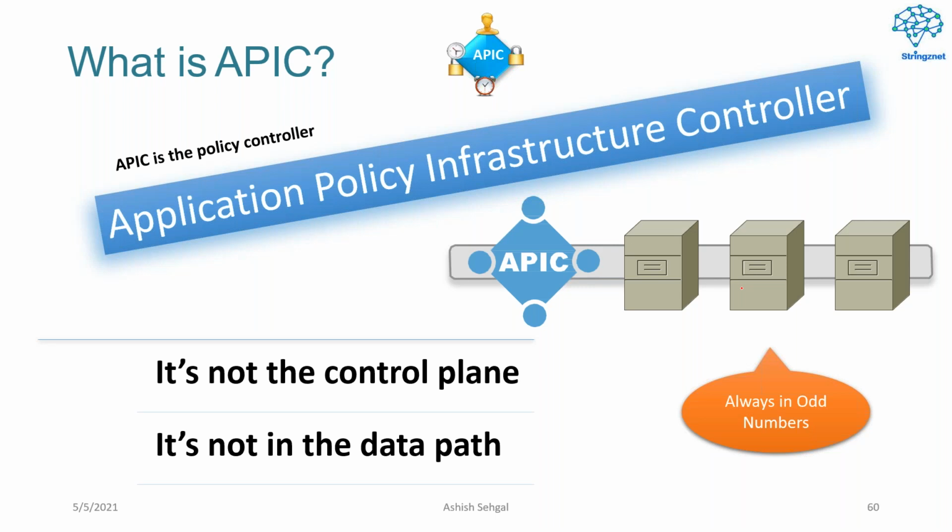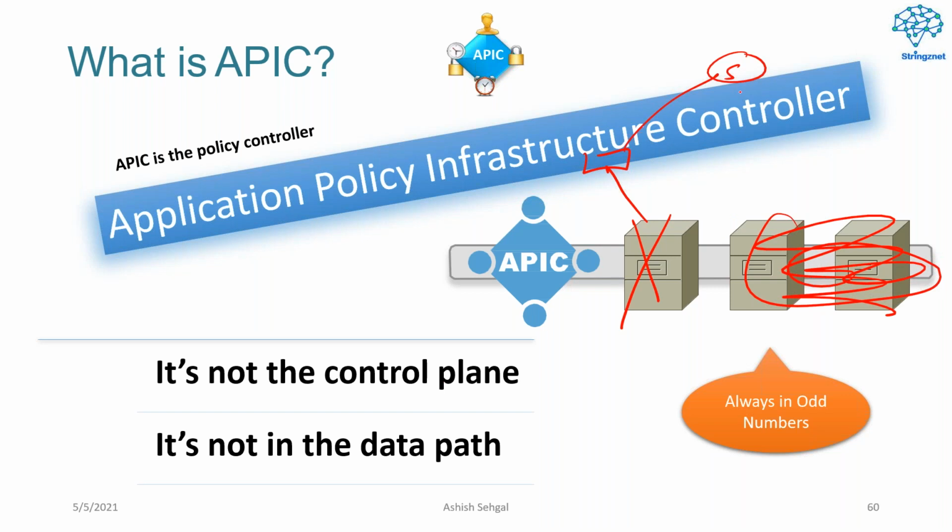Suppose we have only one APIC node in a cluster, we don't have any other node. All configuration is done, traffic is passing through, and one and only one goes down. It is connected to leaf, leaf connected to spine, spine connected to leaf, and this goes down. What will be the impact?